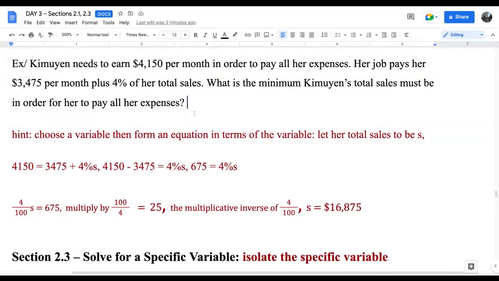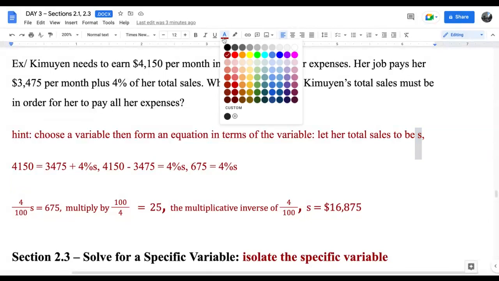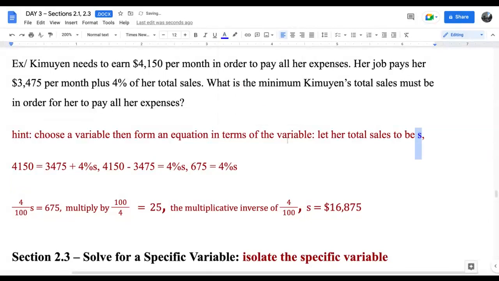So let's make an equation. She needs this much for the month. So 4,150 equals, well, she makes one time 3,475. Then the sales, well, let's call her total sales S. Let's make a variable S. So over her total sales, she can make 4% of money.